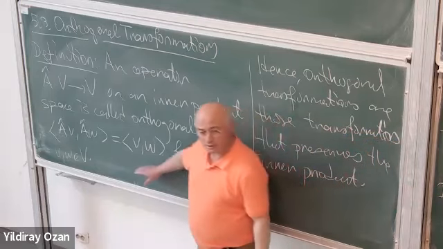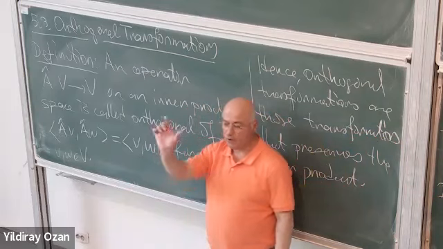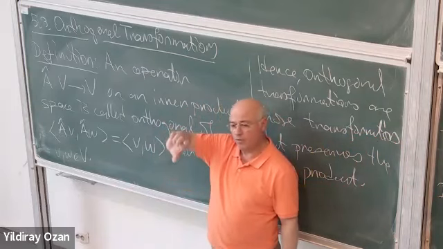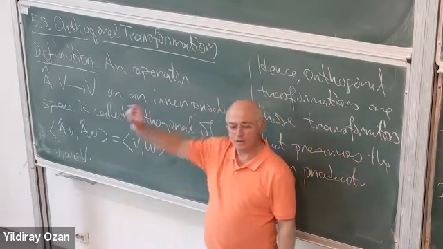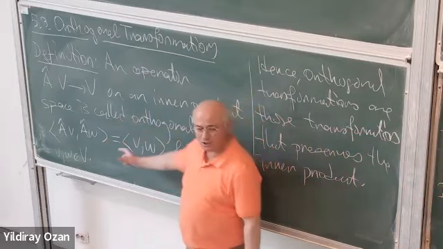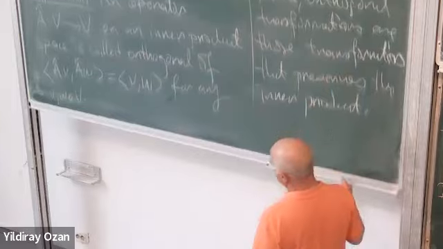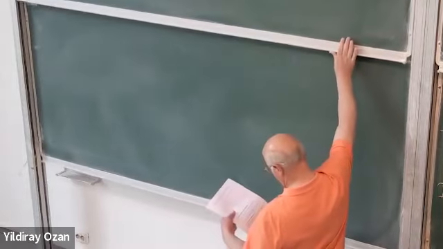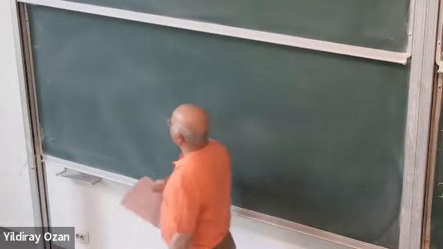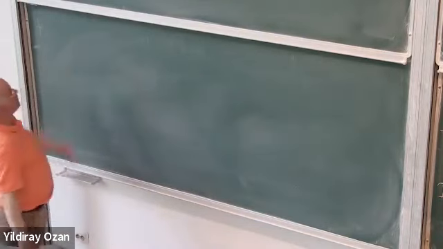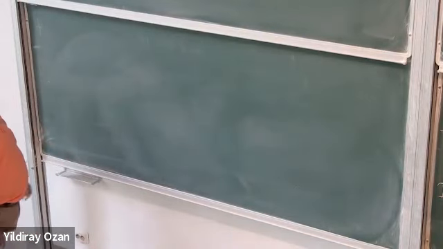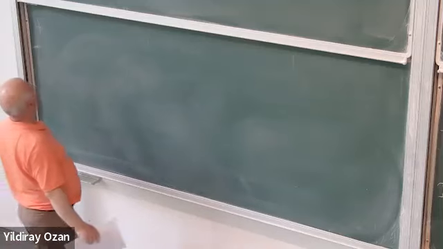Preserve the inner product'tan kastettiğim, iki vektörün iç çarpımı bu vektörlerin o lineer map altındaki görüntülerinin iç çarpımıyla aynı. Tamam mı? Since it preserves the inner product, it preserves the angle between the two vectors, right?